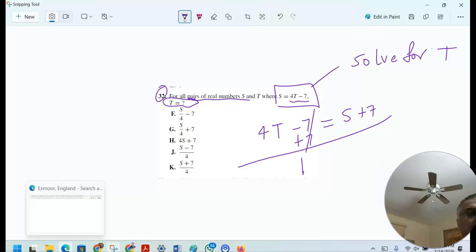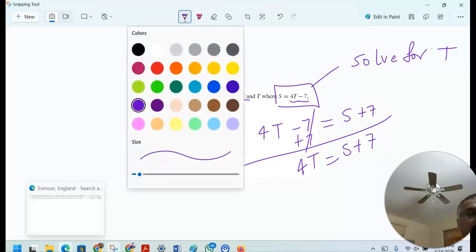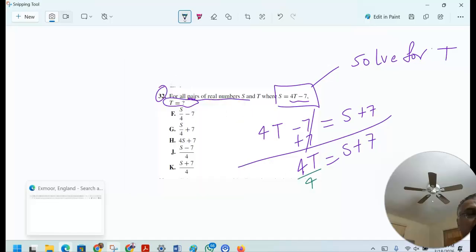This crosses out and you get 4t equals s plus 7. Then divide both sides by 4. This 4 crosses out, and you get t equals s plus 7 divided by 4, and you're done. So you can see s plus 7 over 4 is the answer K.